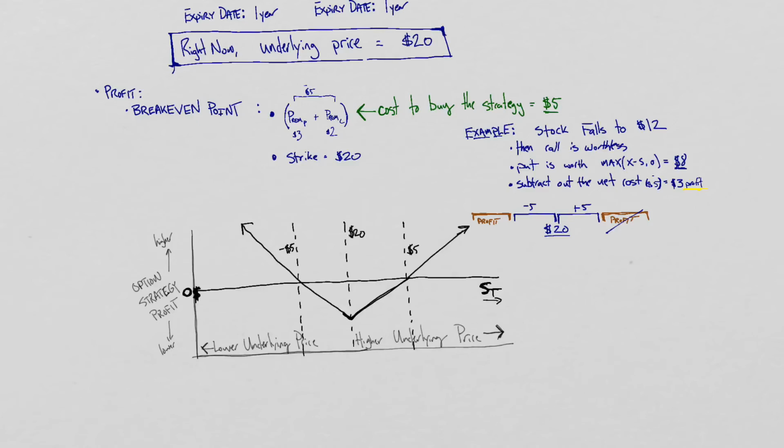So we basically make this amount of money. This is sort of our region of profit. As long as it goes outside of this range right here, then this straddle is profitable.